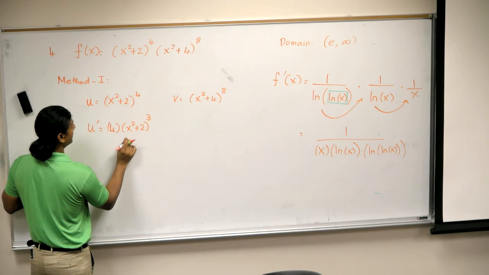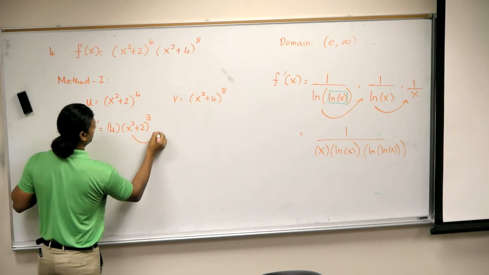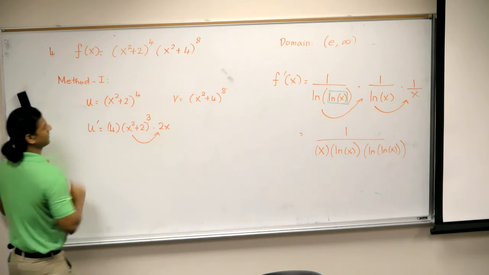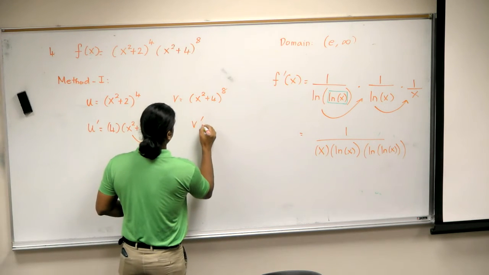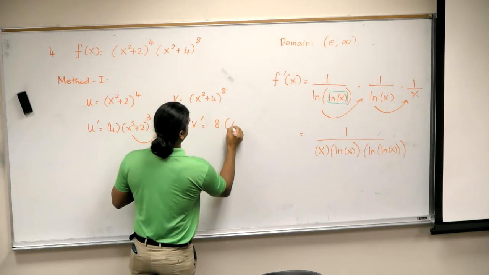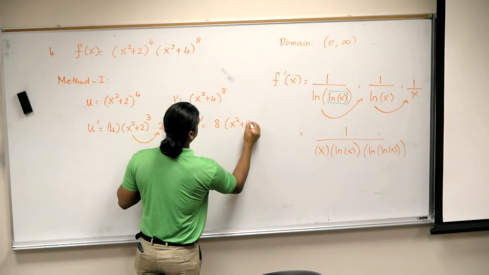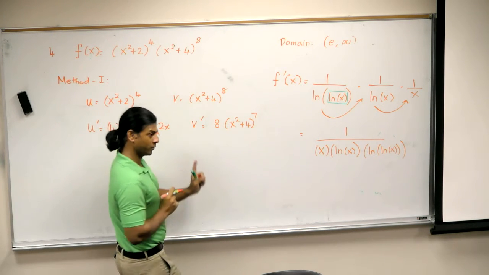Are we done yet? No, times 2x. Same over here: 8 times x squared plus 4 raised to 7. Are we done yet?